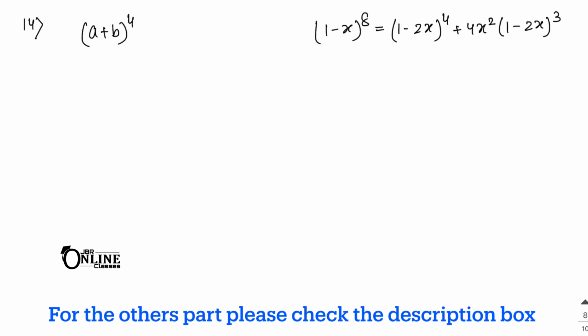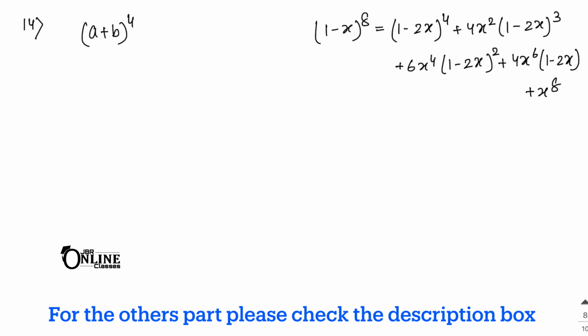Next, sum number 14. In sum number 14, using the binomial theorem, expand a plus b whole to the power 4. Hence or otherwise prove that 1 minus x whole to the power 8 equals 1 minus 2x whole to the power 4 plus 4x square, 1 minus 2x whole cube, plus 6x to the power 4, 1 minus 2x whole square, plus 4x to the power 6, 1 minus 2x, and last one plus x to the power 8.